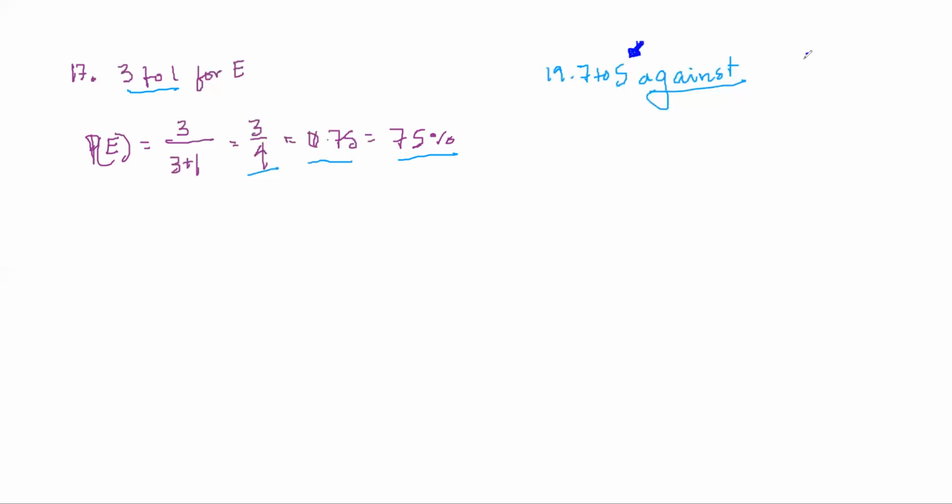So that would be 5 over 7 plus 5, which is equal to 5 over 12, which is the probability of E happening. Notice that the probability of E not happening is greater than the probability of E, and you can see that here because we have 7, which is bigger than 5.